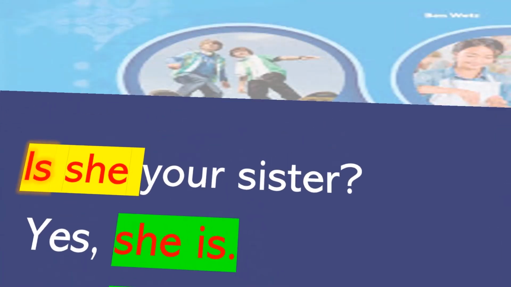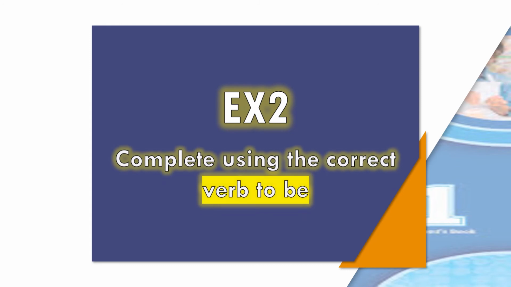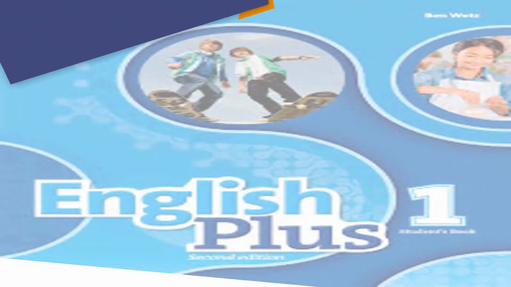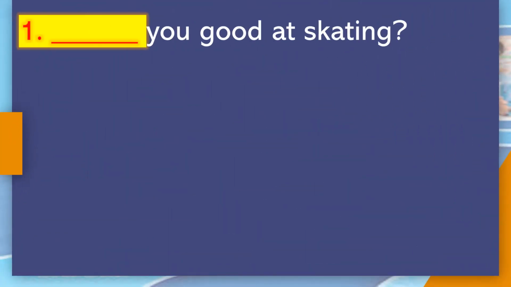So, your second exercise for today: complete using the correct verb to be. Look at the picture, look at the exercise for number 1. You good at skating. So for number 1, what is the correct verb to be? How are you going to find the answer? Look at the subject.